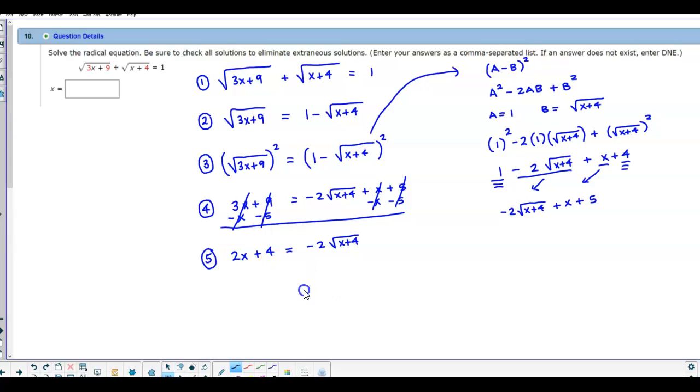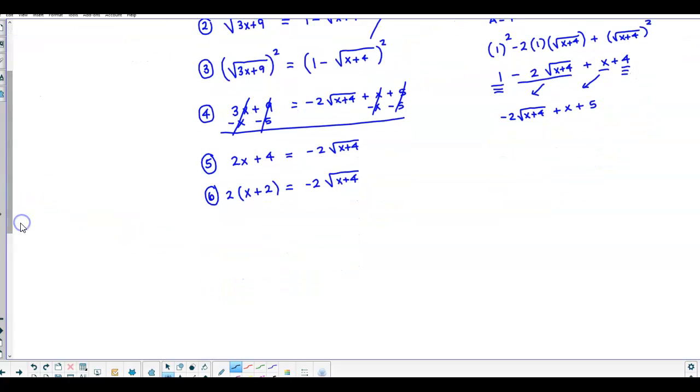Now on the left side, the nice thing that we can see here is that we have a 2 that we can factor out. And the reason why we want to factor out that 2 is because we also have this 2 on the right side that we can simplify with the 2 on the left side.